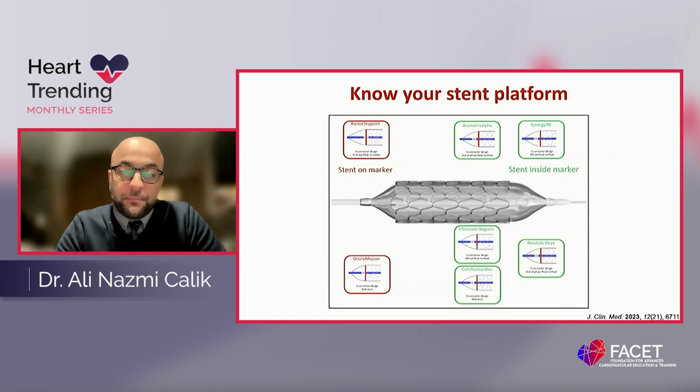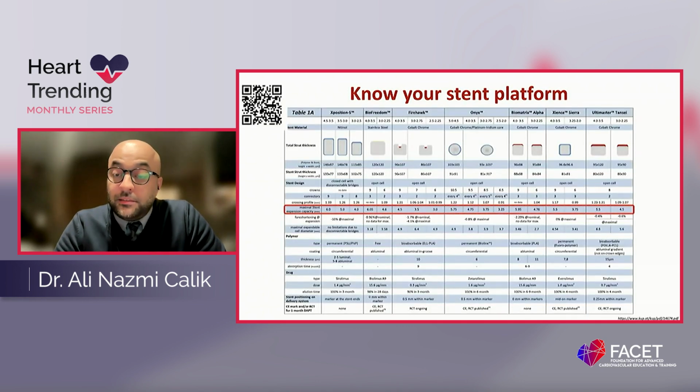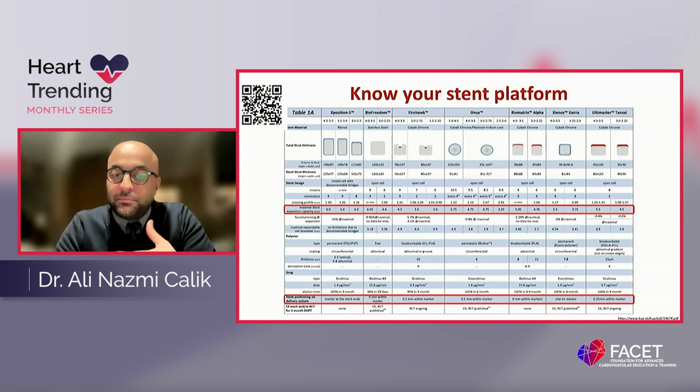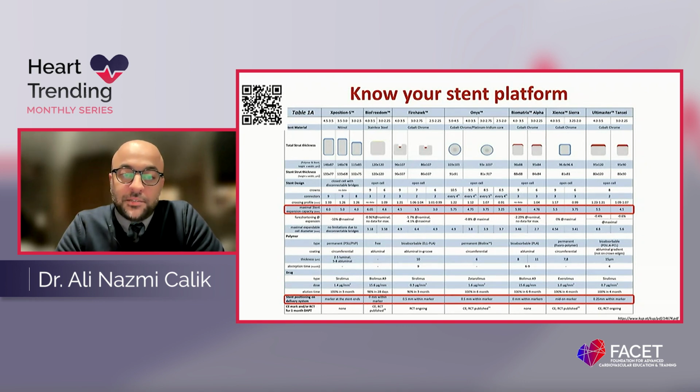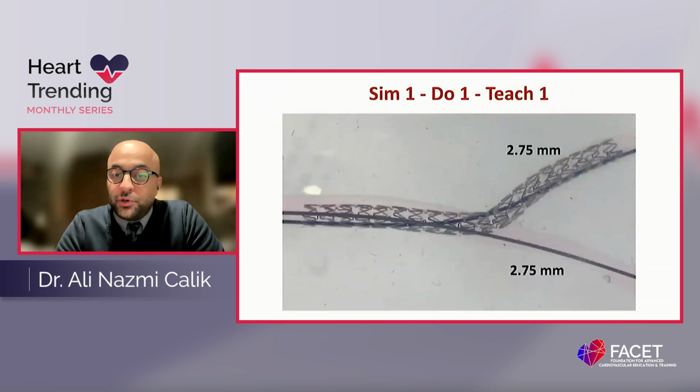It is really important. And then another important aspect is the maximal stent expansion capacity, because as you can see, all the stent platforms are different in this aspect. And why this is important, you can see from the simulation model that we currently use in our daily practice in my country. We have a simulation-based bifurcation PCI course using this wet model. As you can see, the distal part of the main vessel is 2.7, the distal part of the side branch is 2.75.